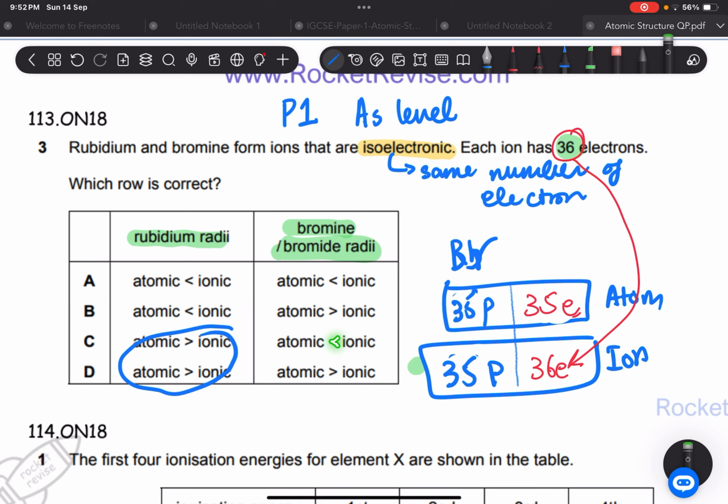Why? Because the positive charge is less in a bromide ion, the negative charge is more, and when you have a greater negative charge, you have more electrons, the atom expands. Why does it expand? Because the distance increases, the nuclear pull decreases, and there are a lot of reasons. So it's going to be option C.